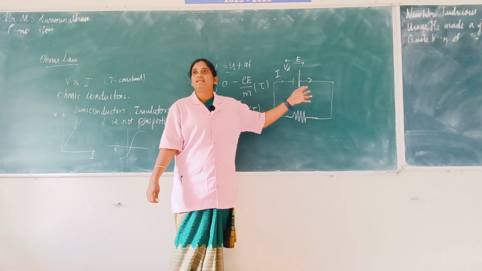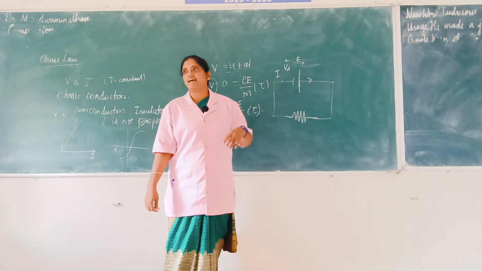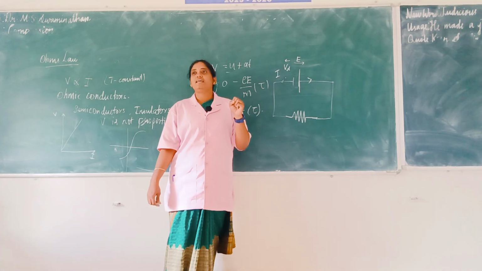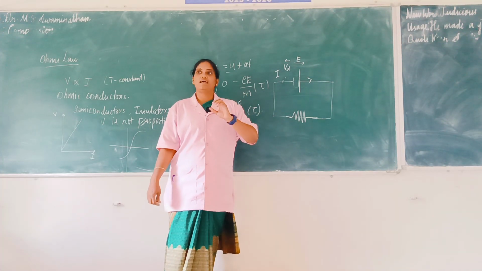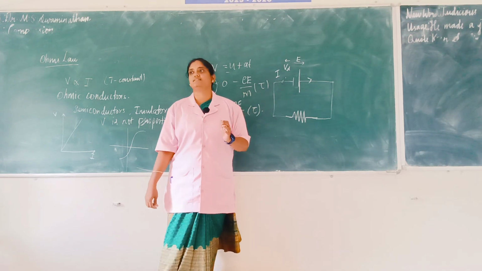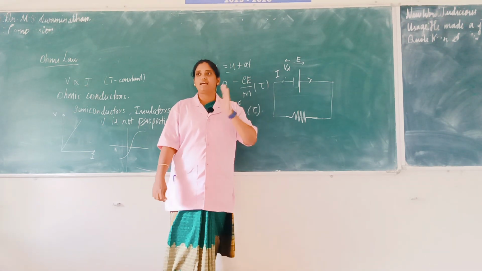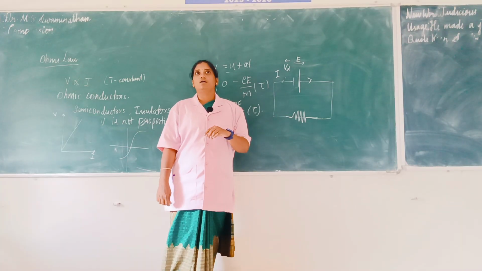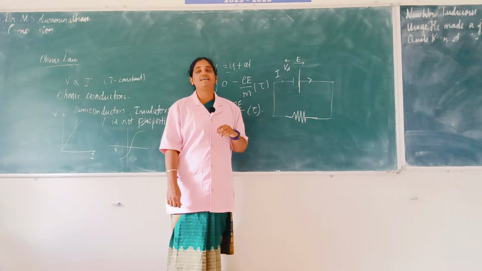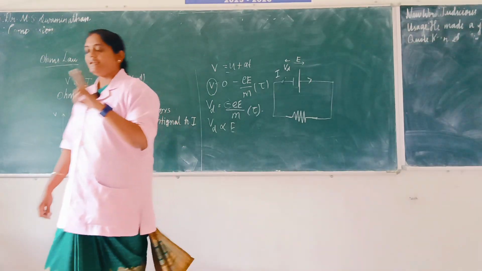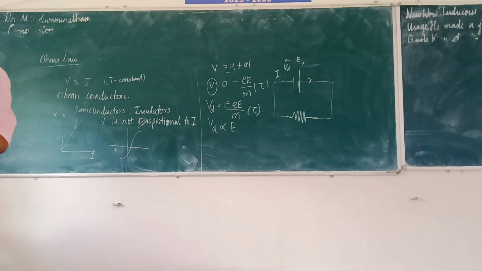It allows only because it has anode and cathode in it, it just accepts the electrons from one side and will not accept the electrons from the other side. The flow of electrons will be allowed in one direction only, that is from anode side. So it has two electrodes, anode and cathode.